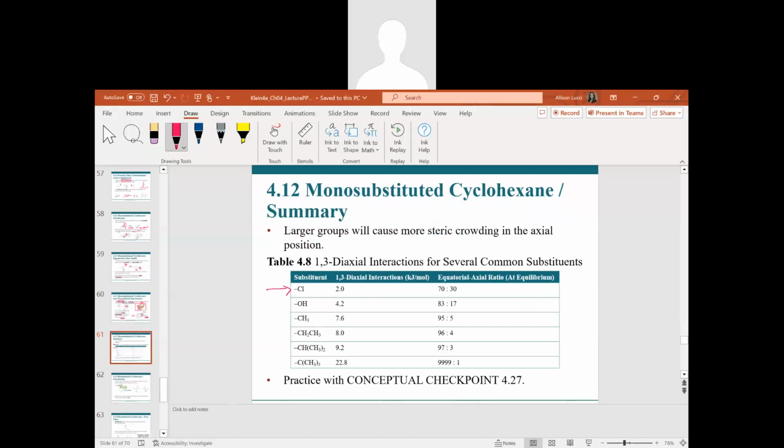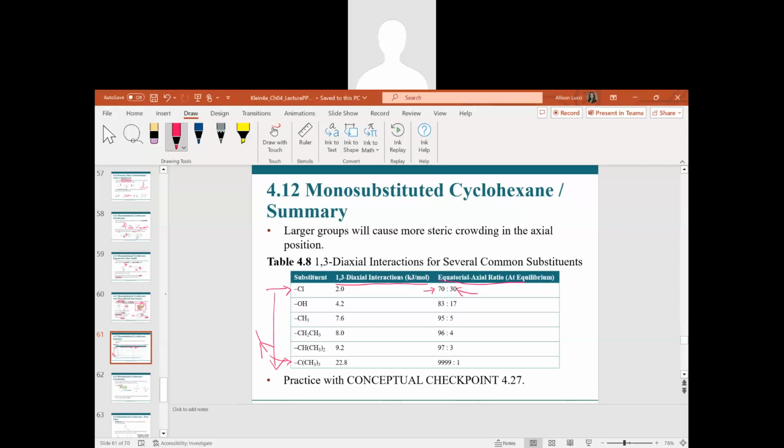And we can see, depending on our substituents, we get larger and larger as we go down our list here until we get to this tert-butyl group down at the bottom. That's our largest. But we see even with a chloride substituent, we still could have that 1,3-diaxial interaction, and that would result in an equatorial to axial ratio of that substituent at equilibrium to be 70% of the time for the chloride to be in the equatorial position, and then 30% of the time the chloride would be in the axial position.